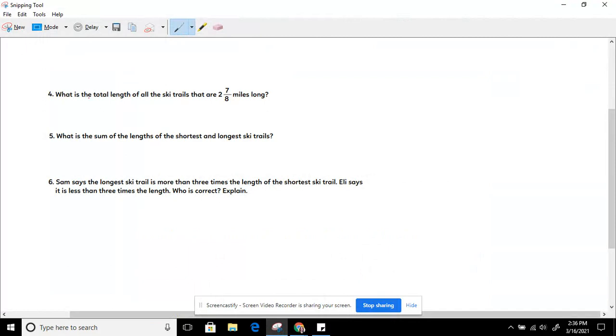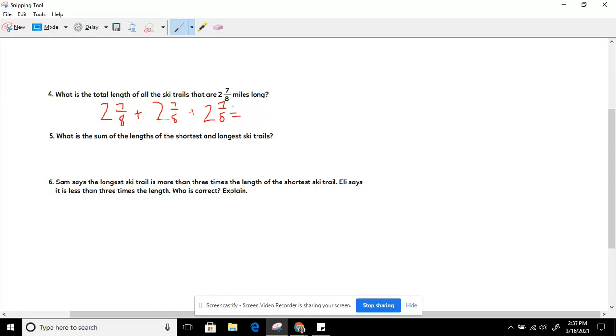And the question is, what is the total length of all the ski trails that are 2 7/8? So you're doing 2 7/8 plus 2 7/8 plus 2 7/8, because there's 3 of them. You're adding them 3 times.